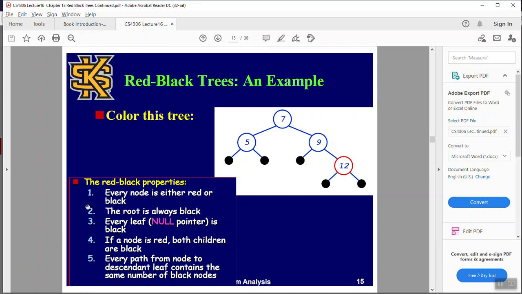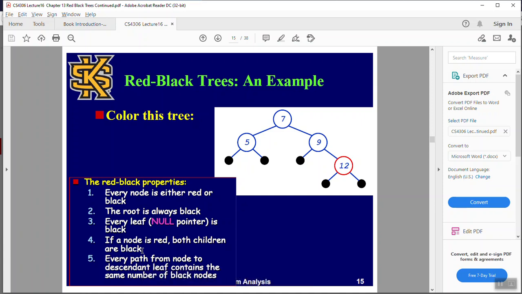Here are the properties of a red black tree. In order to develop or maintain a red black tree, we need to ensure that every node maintains these properties.